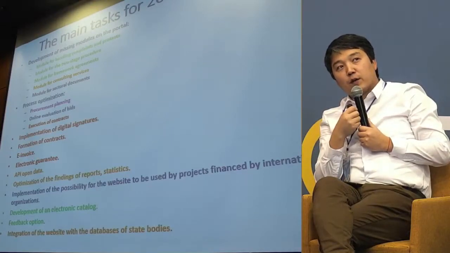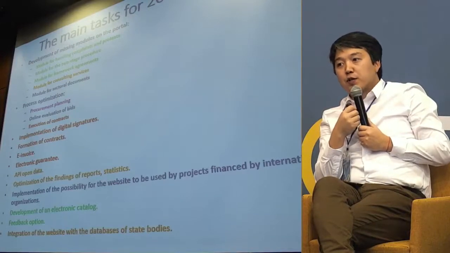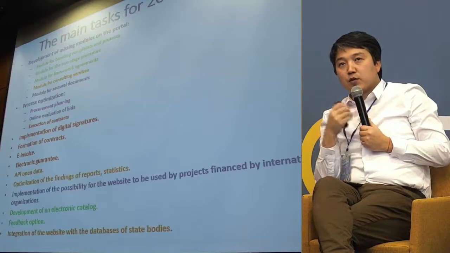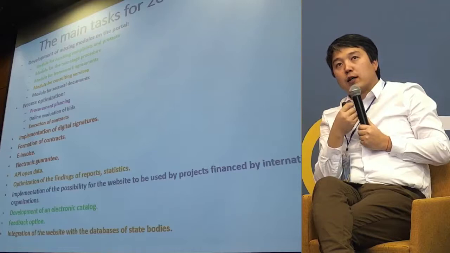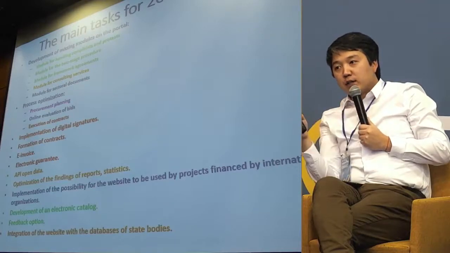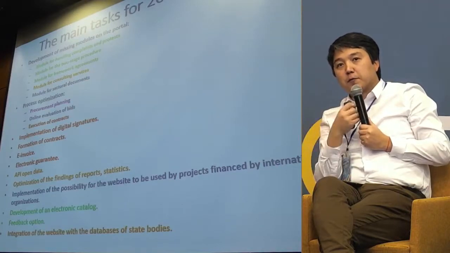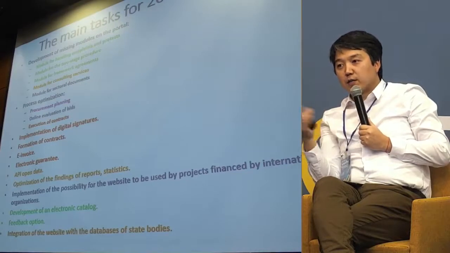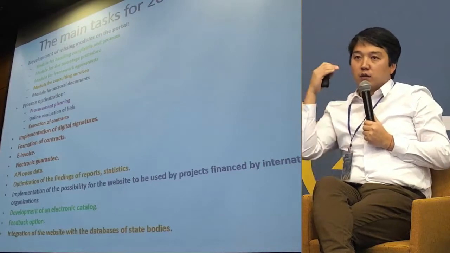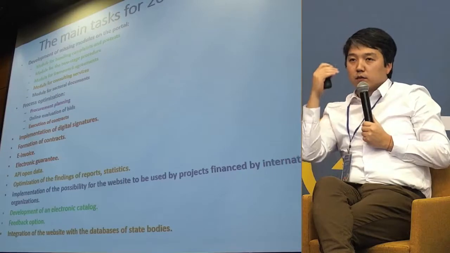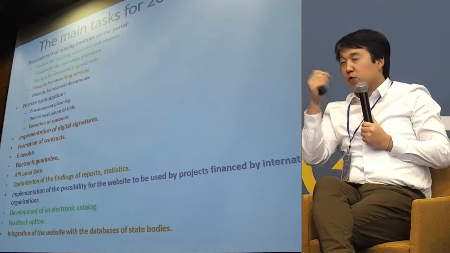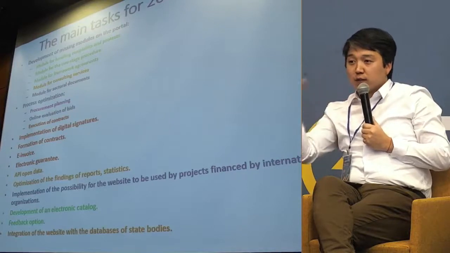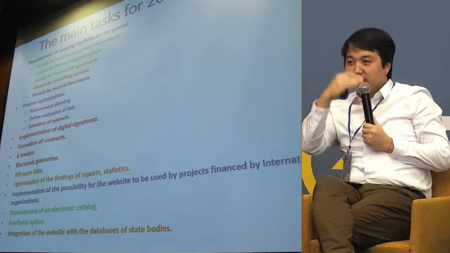But we have a really big problem with the post-tendering phase, because in our law on procurement there is no article about the post-tendering phase. For example, a contract could be signed, and we have an article on it.